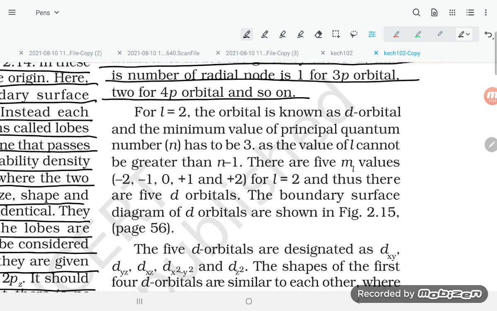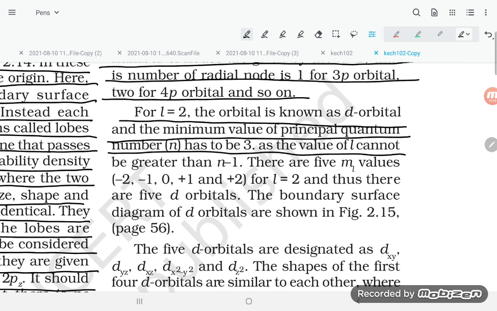For L equal to 2, the orbital is known as d orbital, and the minimum value of the principal quantum number has to be 3, as the value of L cannot be greater than n minus 1. There are 5 values of ml: minus 2, minus 1, 0, plus 1, plus 2. For L equal to 2, thus, there are 5 d orbitals.